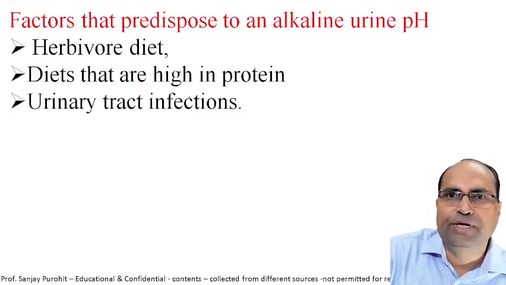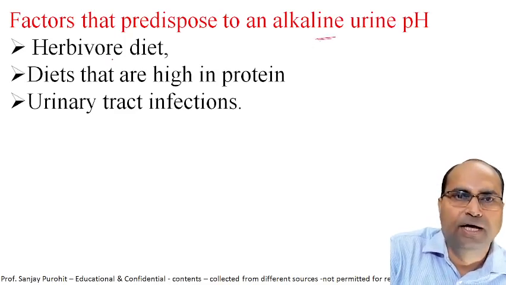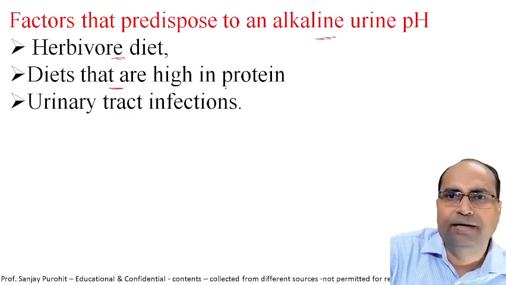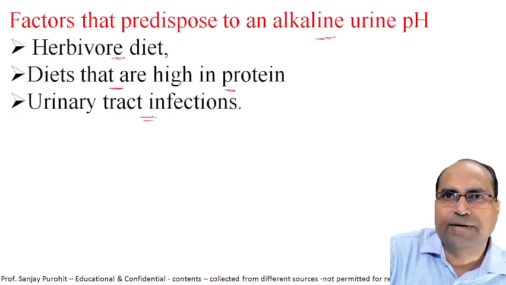Factors that predispose to an alkaline urine pH are herbivore diets that are high in protein, and urinary tract infection.